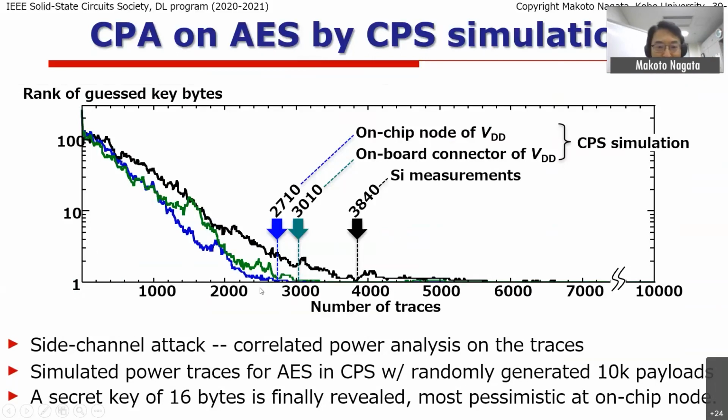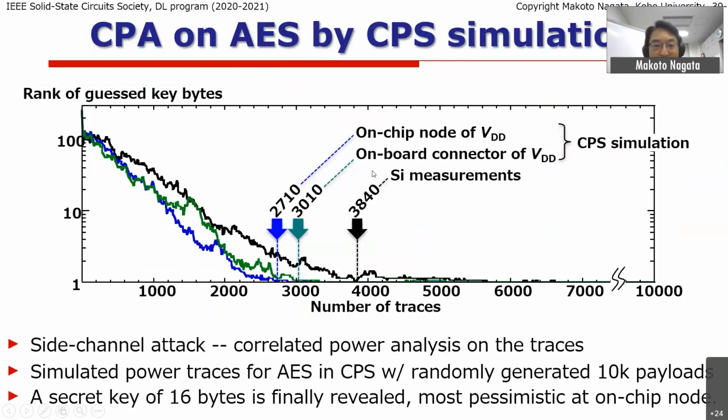After the 2700 cases, the on-chip VDD wave shapes give you all the key bytes in this case. So that means the attacker needs to have the 2700 different wave shapes to access the key. This is not the best design, I would say, but the simulation can tell you how good that design is or not.